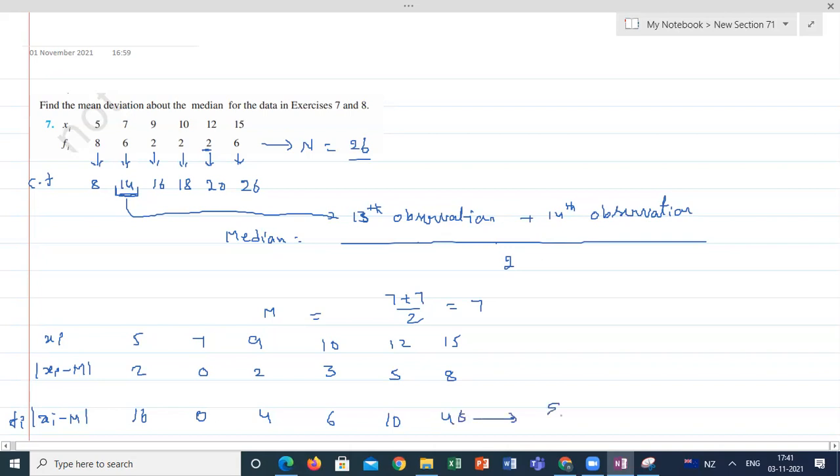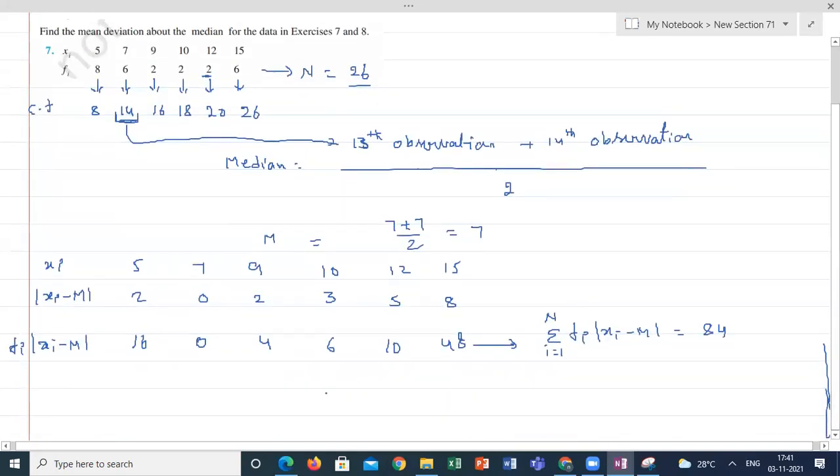This sum, sigma i equal to 1 to n of fi into the absolute value of xi minus m, is giving how much? 48 plus 10 is 58, plus 6 is 64, 68, 72, 82. Sorry, 82 or 84? 84.